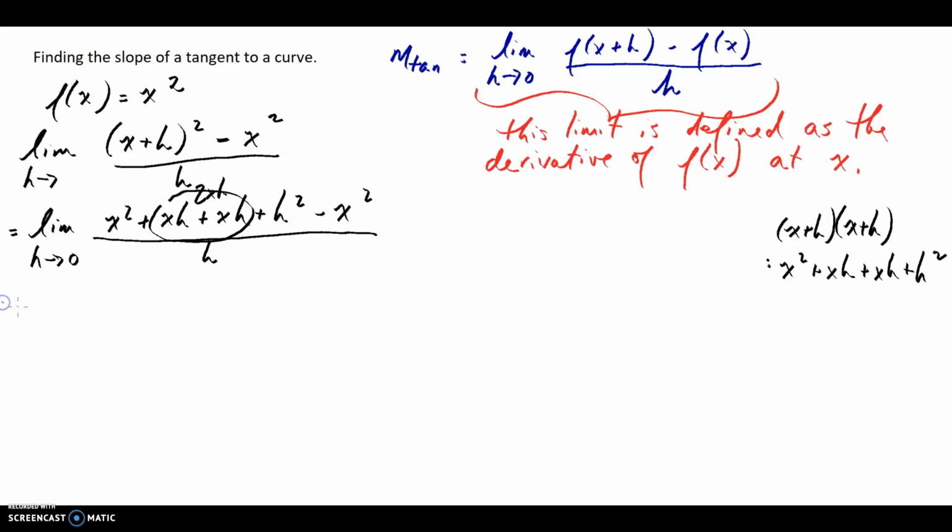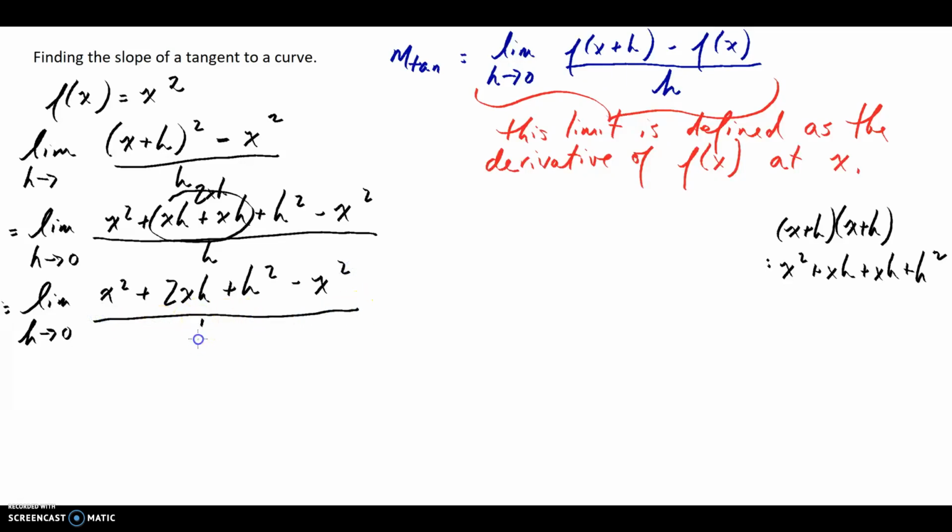All right, so let's rewrite that so it's not quite so messy. The limit as h goes to 0 of x squared plus 2xh plus h squared minus x squared, all over h.